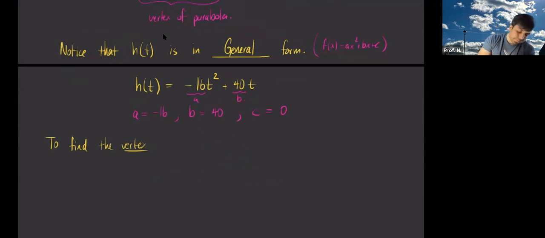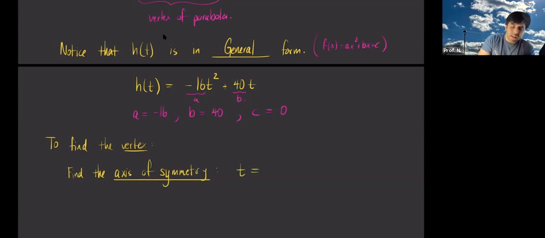I need to find, remember, the axis of symmetry, because the axis of symmetry gives us the x value of my vertex.